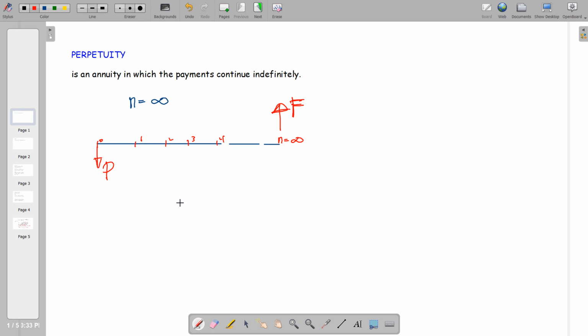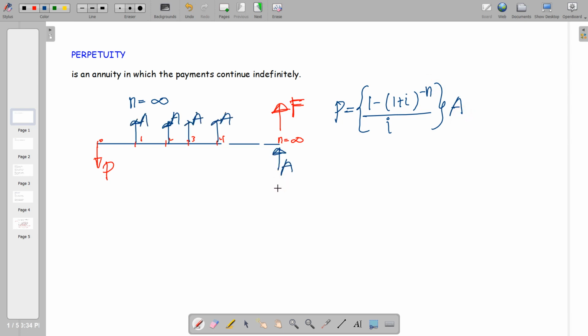So we are more concerned on the present worth rather than the future worth, because our n here is indefinite. So how shall we treat this one? It is simply coming from the formula of the present worth of the annuity, and we have this formula, and this one shall be multiplied by the corresponding annuity, because we will be considering a series of payments until indefinite period.